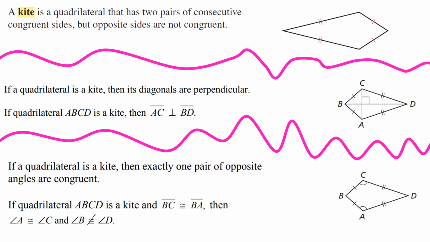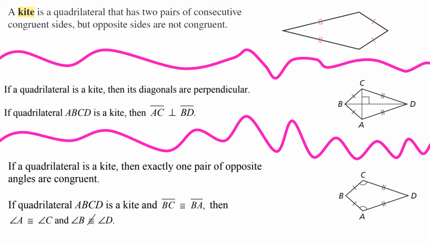And then the other neat thing about a kite is that two of the angles are congruent. All right, and if you take a look at the diagram, you can see which angles they are. They're not the angles where the congruent sides meet at a vertex. Instead, it's the angles where the two different measurements meet.